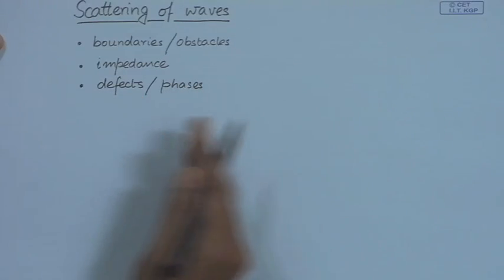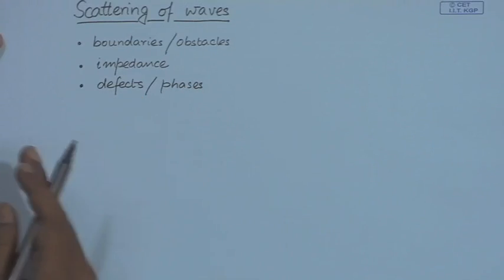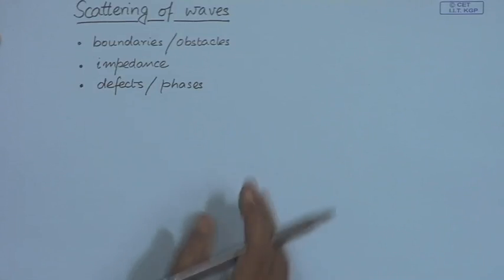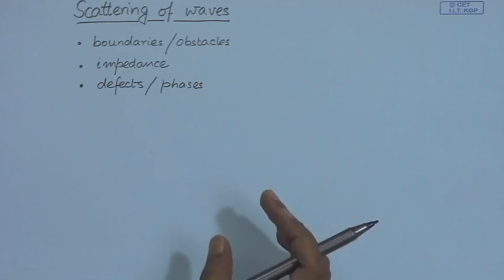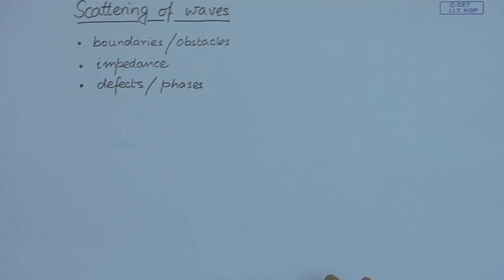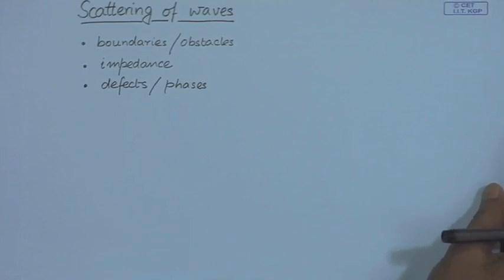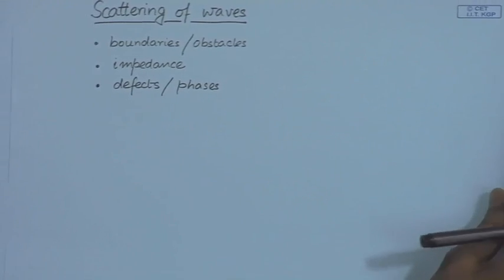When there is a difference of phase inside a material, then scattering will take place, and this scattering is of great practical importance for characterization and evaluation, non-destructive evaluation of materials.